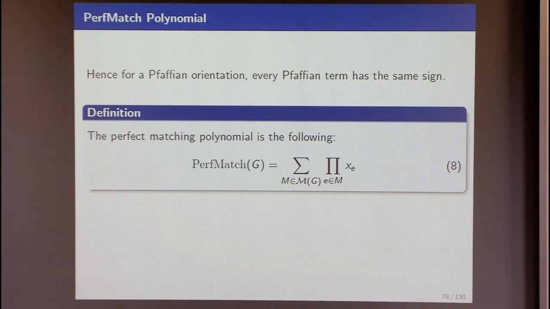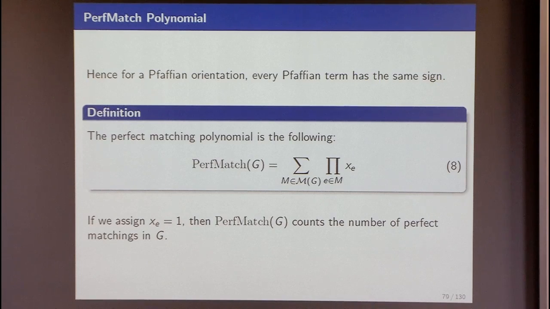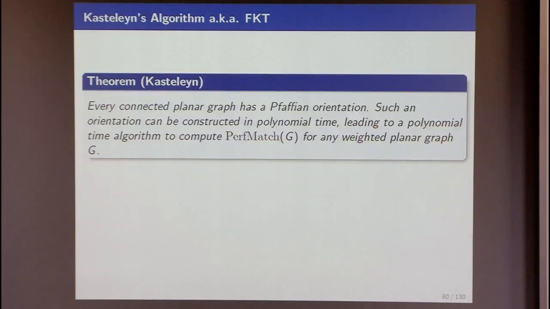The sum of all things of the product, without any additional artificial sign on the permutation. And if you assign these indeterminates to be 1, then this will count the number of perfect matchings in the graph.